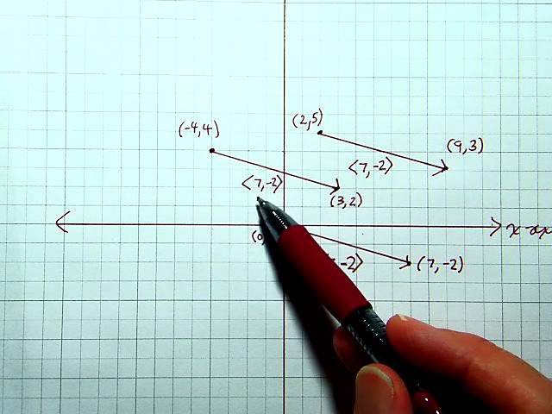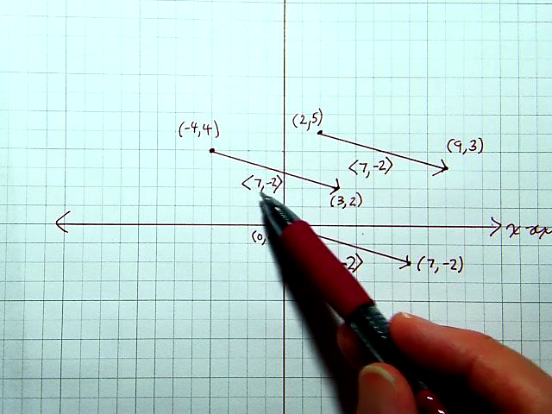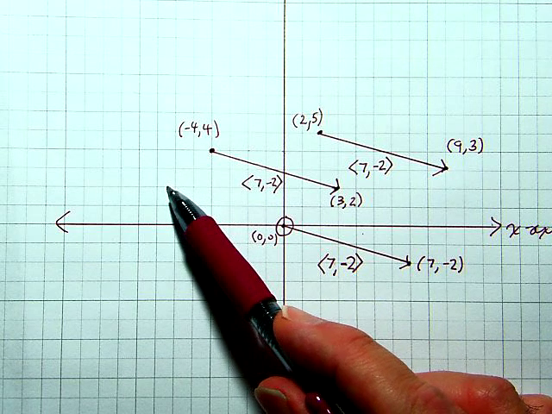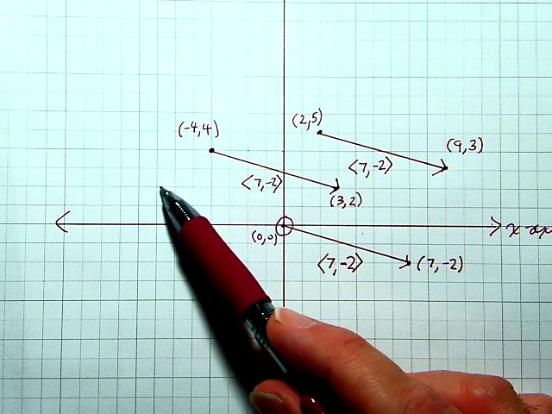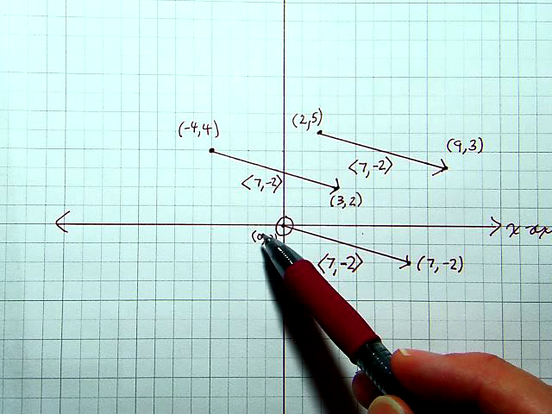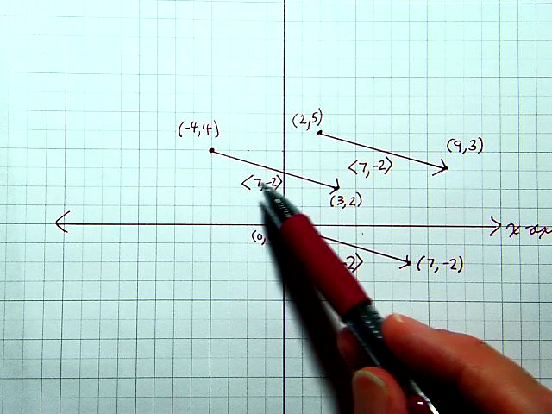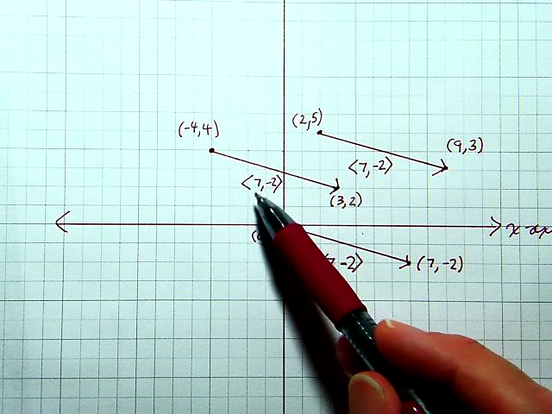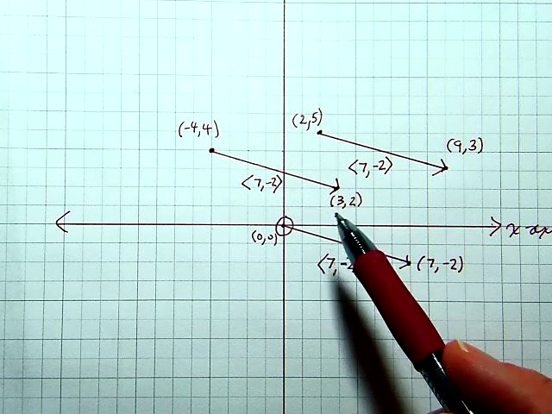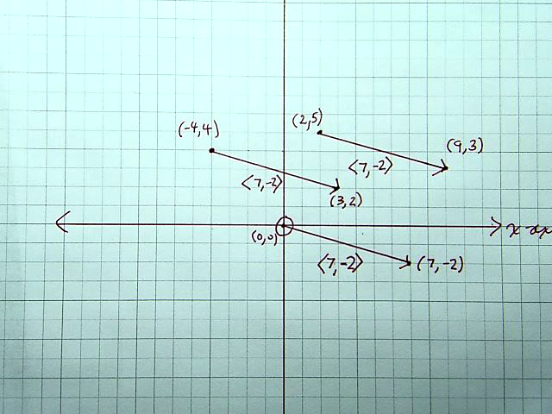So ⟨7, -2⟩ in the angular brackets tells us that wherever we start our vector, we've got to make that the starting point, move 7 to the right, move 2 down, and then make that the end point. We could have generalized this for any numbers, but we're looking specifically at this vector ⟨7, -2⟩. Well, with some of that as background, let's go ahead and start answering some of the questions on the notes sheet.